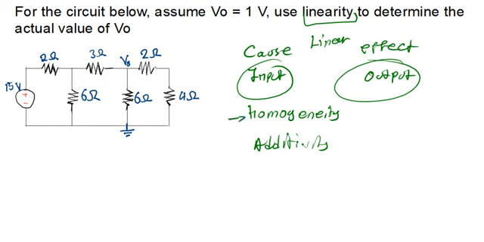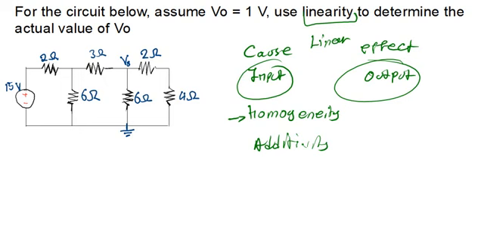The homogeneity property states that if you get the input and multiply it by a certain constant, the output is also multiplied by the same constant.